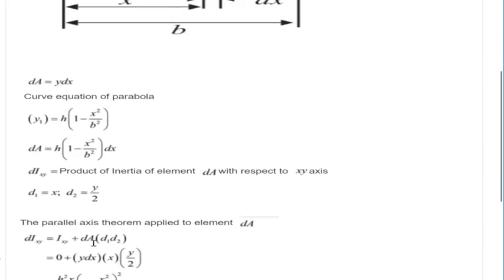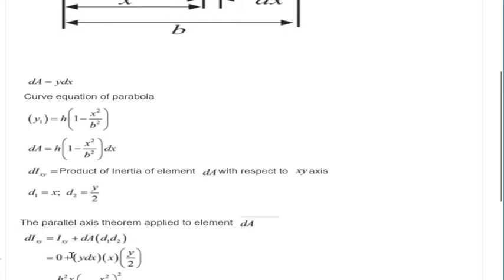We apply the parallel axis shift to this. We know that the product of inertia of this element with respect to its own centroid would be 0. And now we have the dA here times d1 and d2.